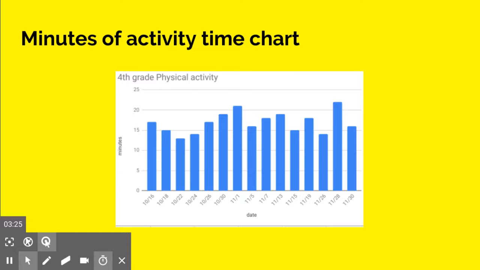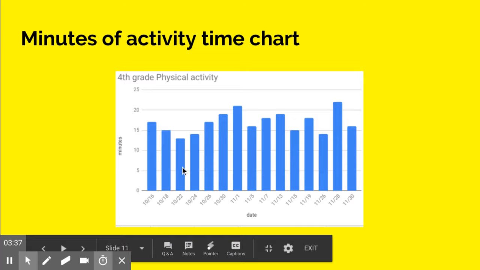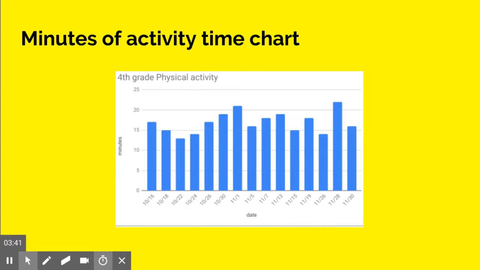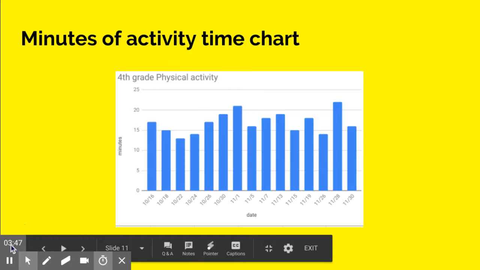In that lesson, the students were engaged for 22 minutes. And on the graph as well, you can see that our low date was on 10-22, which had 13 minutes of physical activity, which really isn't as much as I wanted during that lesson.